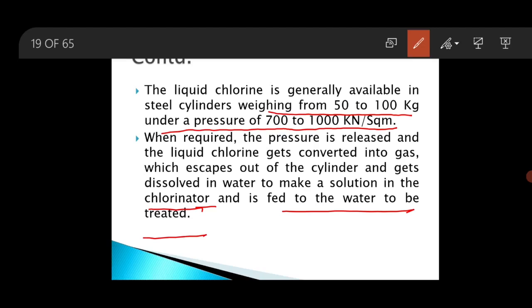This chlorine gas neither burns nor explodes and can therefore be safely stored in steel cylinders either in gaseous form or in liquid form.